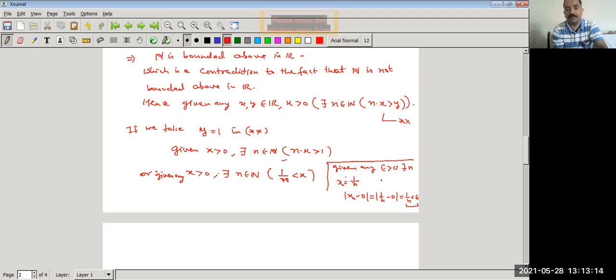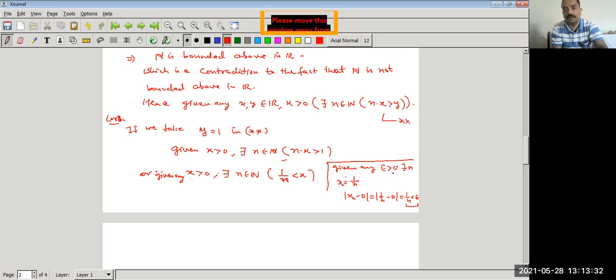Let this be the third property, or we can write it as corollary 1. So we will use Archimedes property when we talk about convergence. How do we use it?